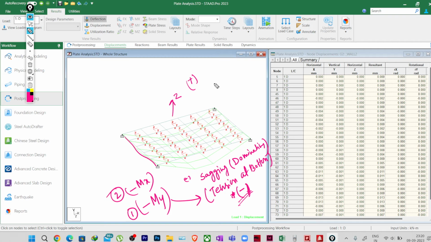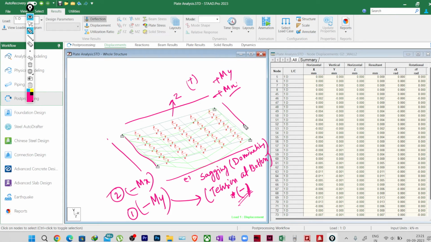For top reinforcement we will find plus my and plus mx. For negative my we will provide bottom reinforcement along the y direction, and for negative mx we will provide reinforcement along this direction, that too in the bottom. For positive my we will provide top reinforcement along this direction, and for positive mx we will provide reinforcement at the top along this direction.